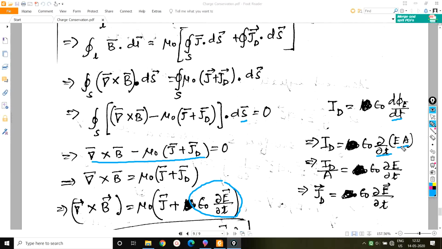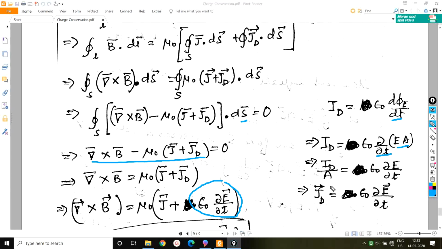It can be something else also, but for the time being, for simplicity, let us take it to be the E into A expression, and here epsilon 0 A is taken out because the electric field is varying with time but the area remains constant. So id by A is epsilon 0 del E del t.